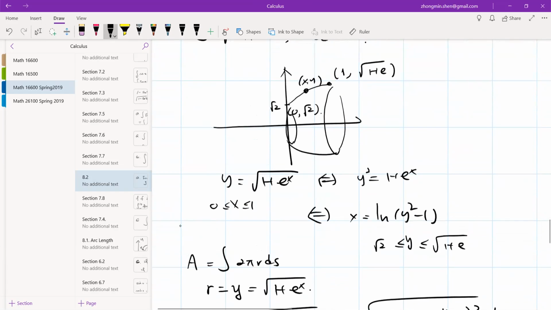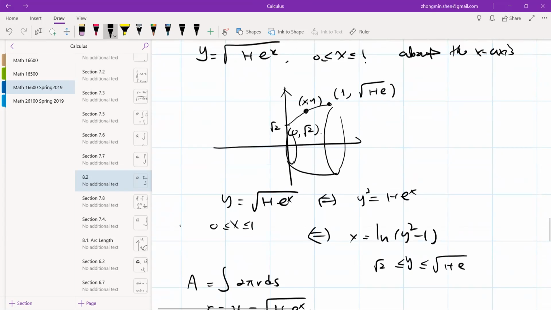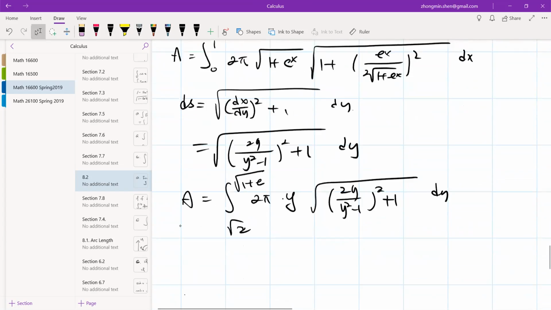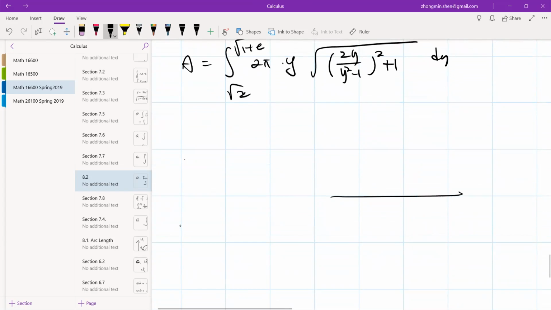Now, for the same curve, if you draw the rotation picture differently, you end up with a completely different answer. This is the curve, y equals the square root of 1 plus e to the x.